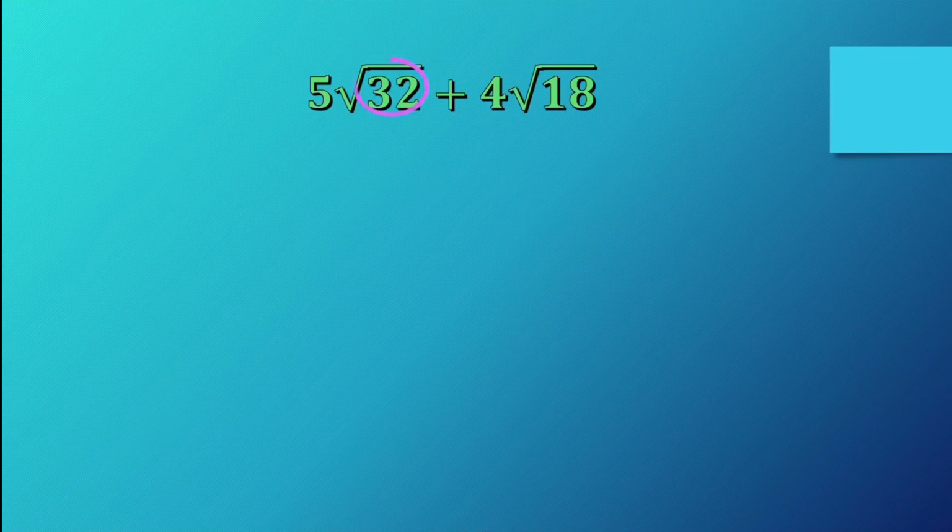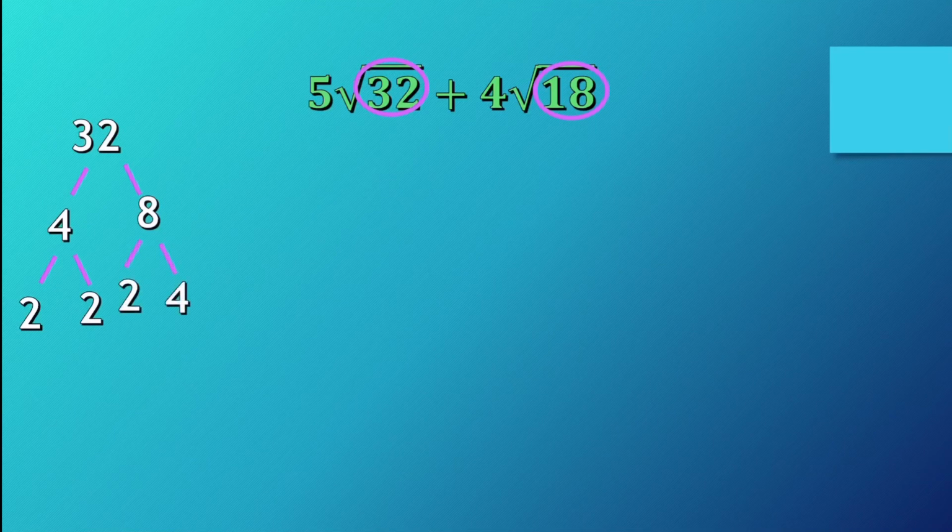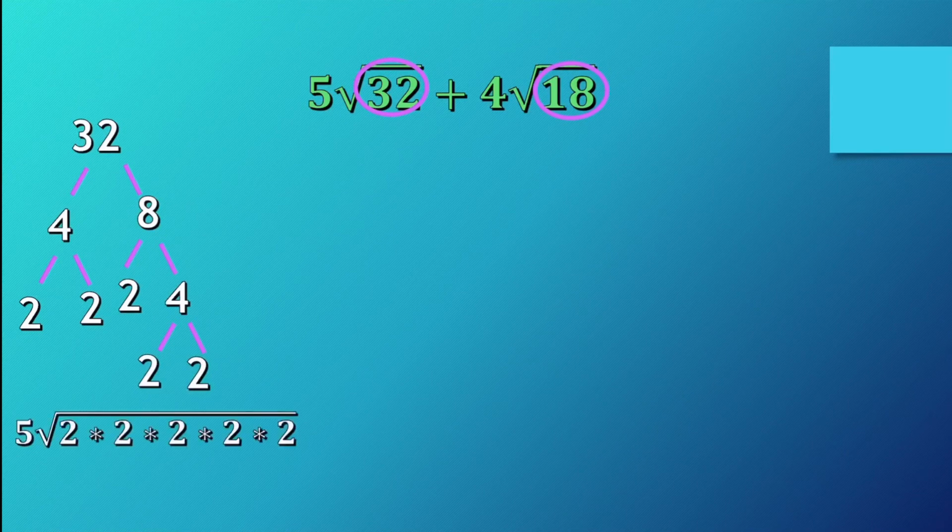Okay, so 32, 18. 32 breaks down. I'm going to use 4 and 8. That's just my choice. So 4 breaks down to 2 and 2. Those are both prime. 8 we know is 2 times 4, and we just broke down 4 to 2 and 2. So what I like to do is finish this one off first.